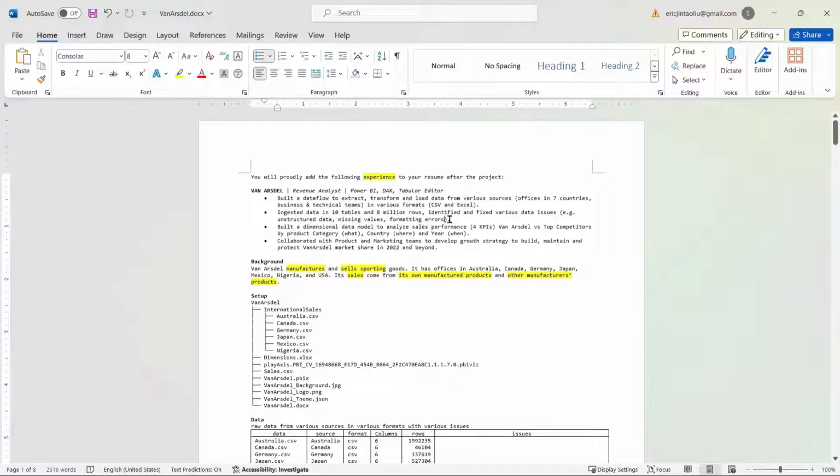And then you did identify and fix various data issues, including, I think you remember what we did to clean up the data. So all kinds of problems and data issues, including unstructured data. If you recall, one of the tables had the orientation wrong, meaning we had to rotate the table 90 degrees.